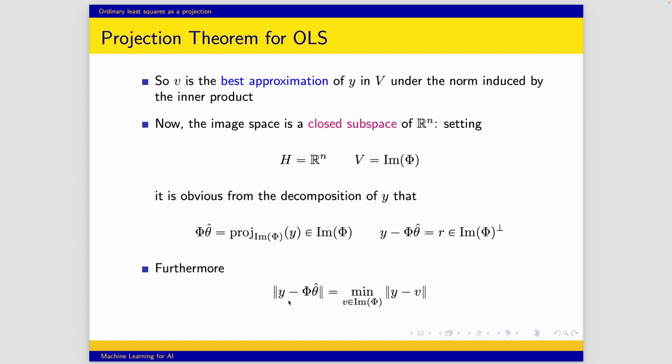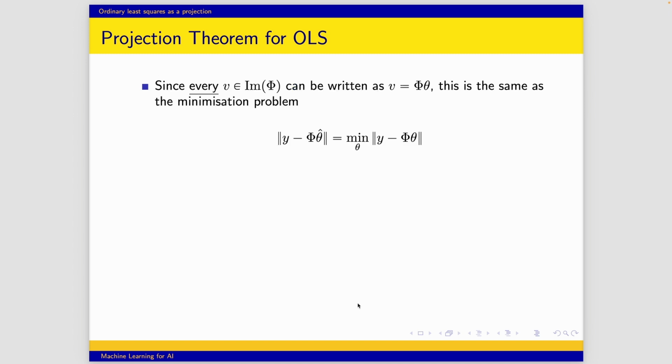And it satisfies the following. The distance between this approximation and Y is the smallest over all vectors V, this distance with any general vector V lying in the image space. Now, all vectors V in the image space have this form because the image space is defined as phi acting on some vector, right?